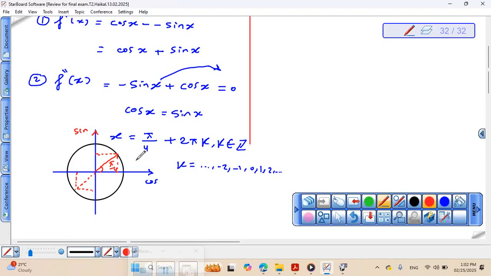Here, you can use a calculator to find this.